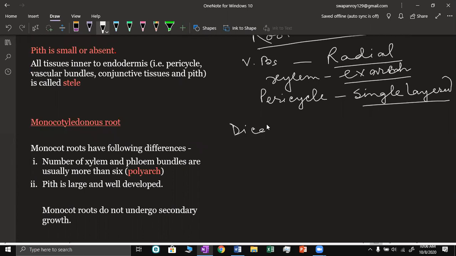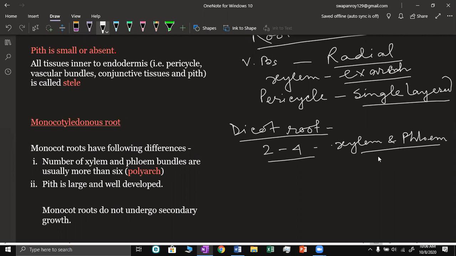In the dicot root, the important thing was that there were 2 to 4 xylem and phloem bundles, meaning diarch to tetrarch condition.